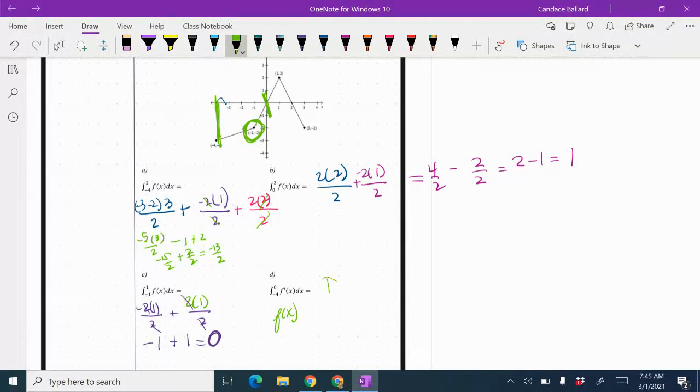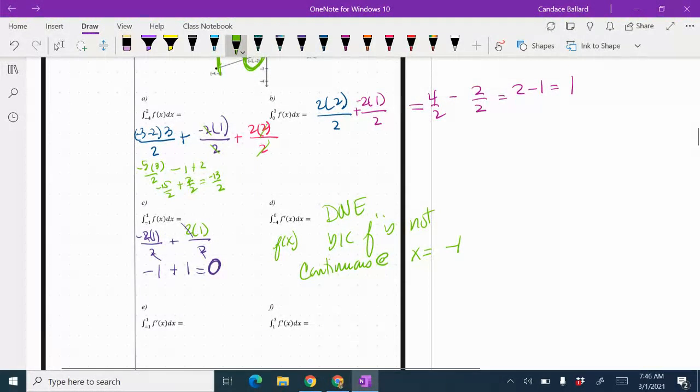So that's what we're going to say is this one does not exist because f prime is not continuous at x equals -1. So f of x is not differentiable there.